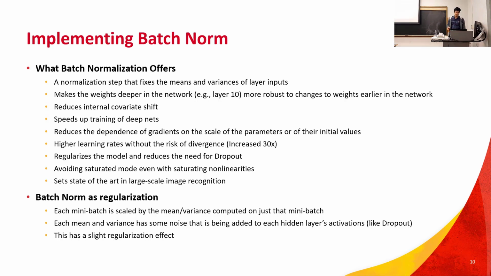And it reduces internal covariate shift, and that speeds up the learning of deep nets. Also, it reduces the dependence of gradients on the scale of parameters or their initial values. So that's why we can have higher learning rates without the risk of divergence. In their experiments, they got learning rates up to 30 times more than the baseline, which in that experiment was the Inception model. I'm going to explain it in my next slides.